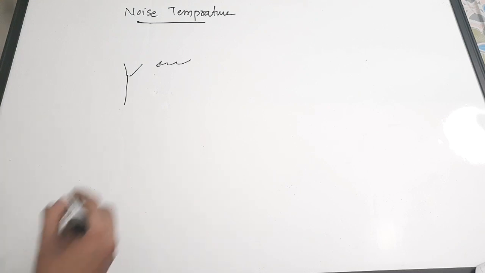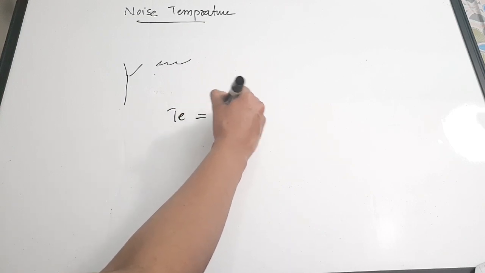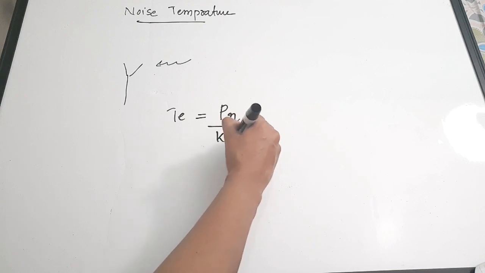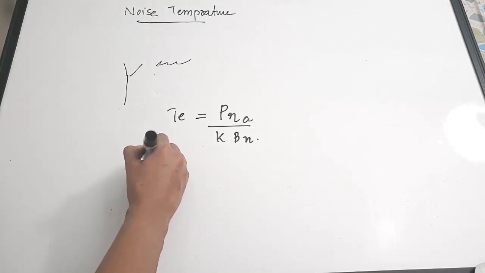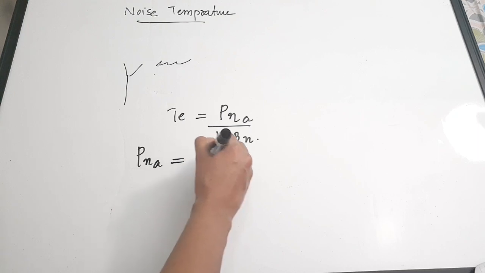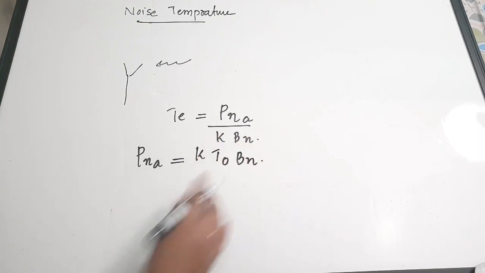That is, TE is equal to PNA by K Bn. We know that PNA, that is the noise power of the antenna, is equal to K T0 Bn, right?